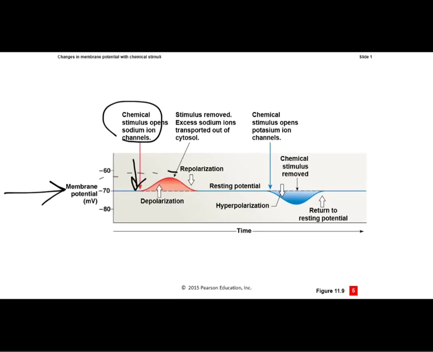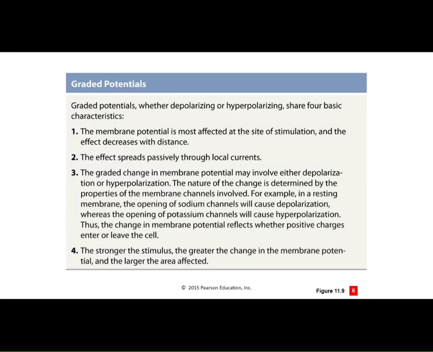This is what cells are doing, right? Little sodium, little potassium, depolarizing, going up, hyperpolarizing, going down. That's the deal with a graded potential. Graded potentials can go up or down. They can be positive, they can be negative. Graded potentials don't go very far. Okay?